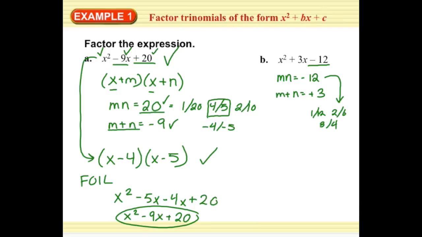And then which sets of those factors are going to add up to be positive 3. When I look at this, none of these factors here, 1 and 12 can combine to be 13, 2 and 6 are 8, 3 and 4 are 7. None of these equal positive 3. And so this equation cannot be factored.